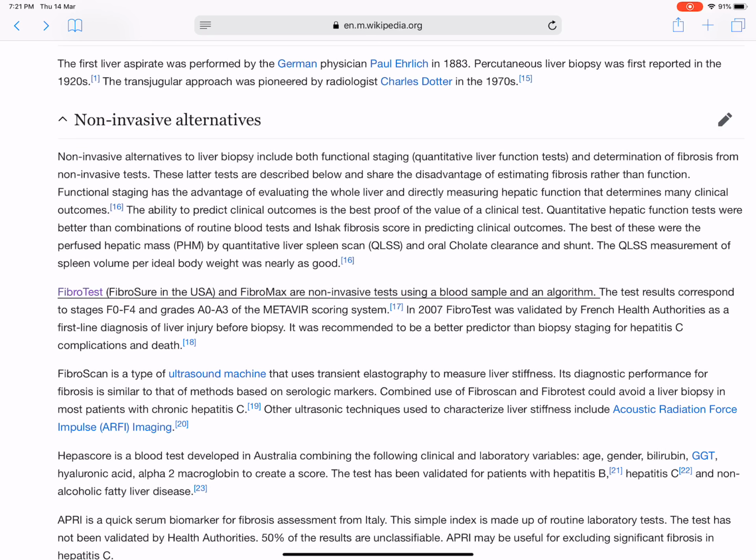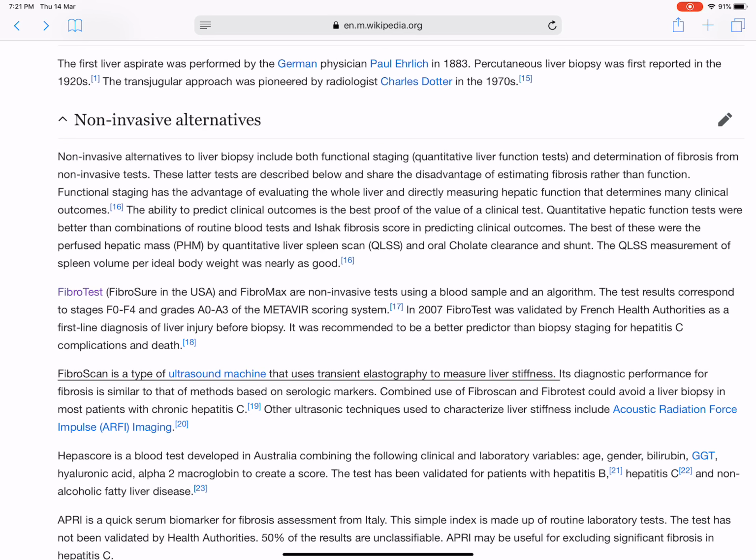FibroTest, FibroSure in the USA, and FibroMax are non-invasive tests using a blood sample and an algorithm. The test results correspond to stages F0 to F4 and grades A0 to A3 of the METAVIR scoring system. In 2007, FibroTest was validated by French health authorities as a first-line diagnosis of liver injury before biopsy. It was recommended to be a better predictor than biopsy staging for hepatitis C complications and death.